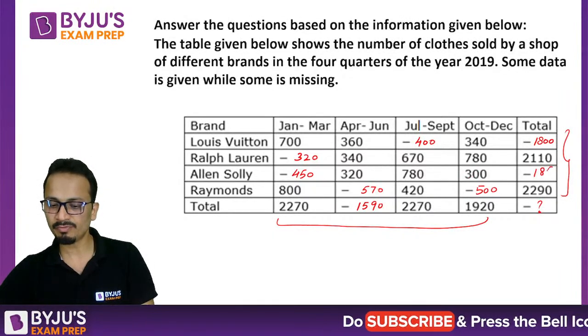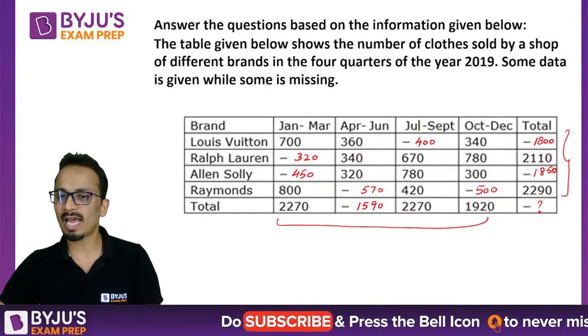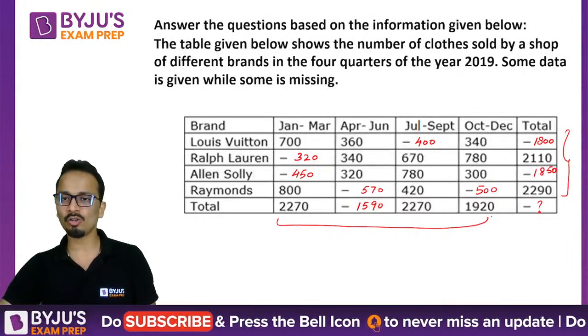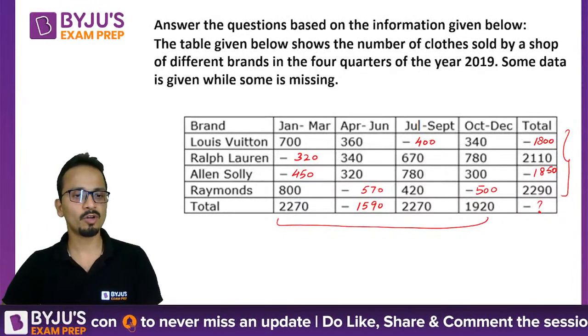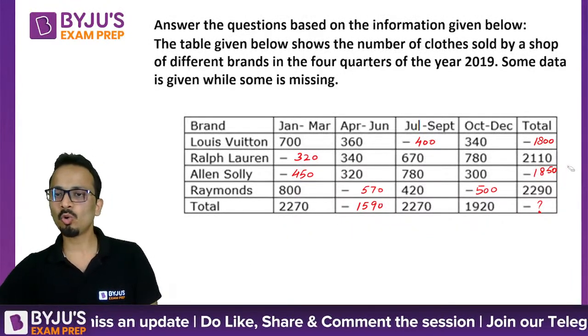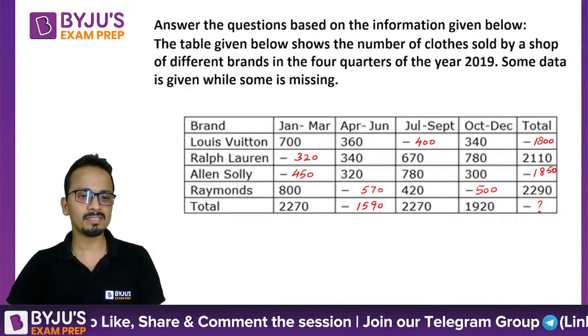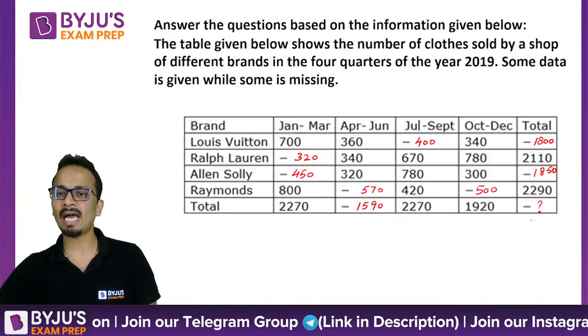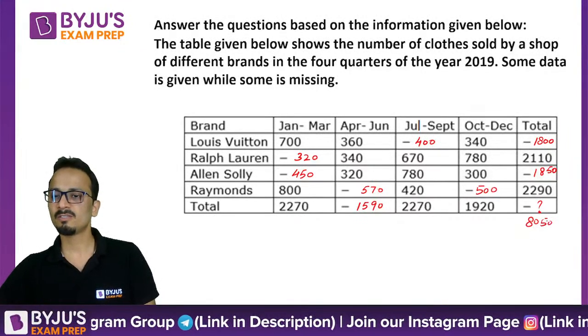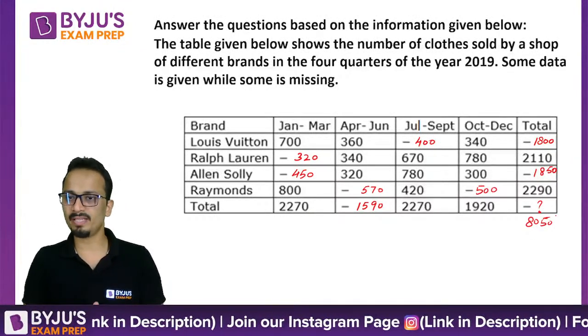So 1850 will be the sum for Alan Solly. And yes, all of you, 8050 will be the total number of sales in this entire year of all the four brands and all the four quarters together.